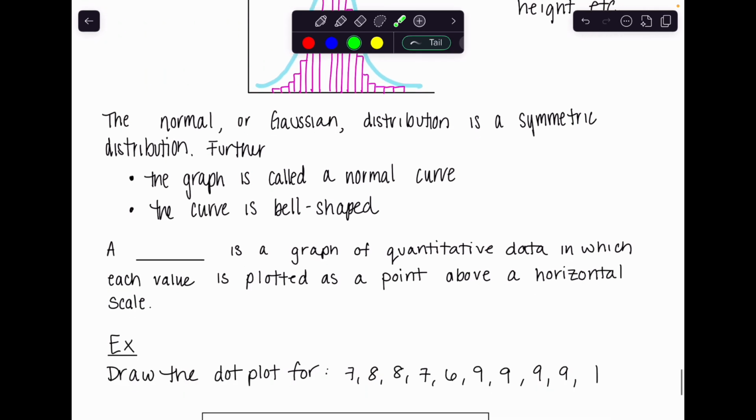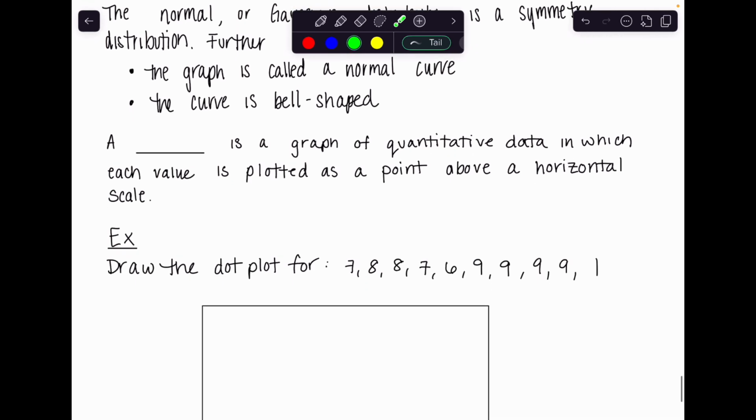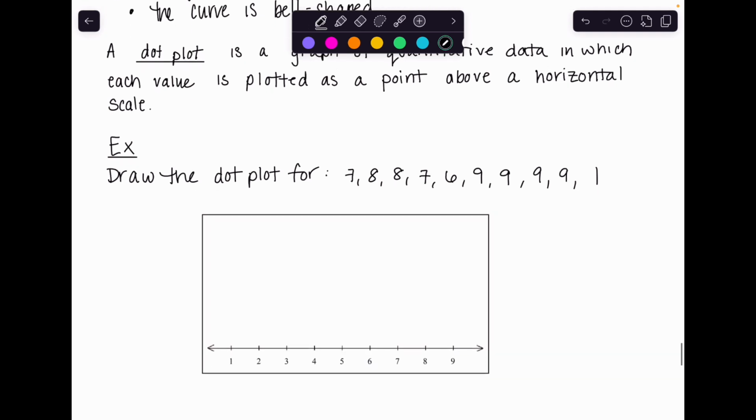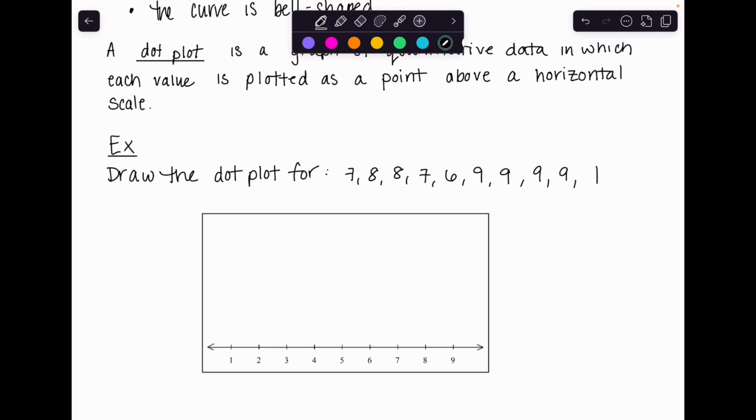The very last thing I want to do is talk about one more type of graph, and this is called a dot plot. So what this does is it really uses a dot or some kind of counter above a horizontal scale to plot it. So if I have this data here, which are different numbers between 1 and 9, all I'm going to do is add a dot for every single data value of that number.